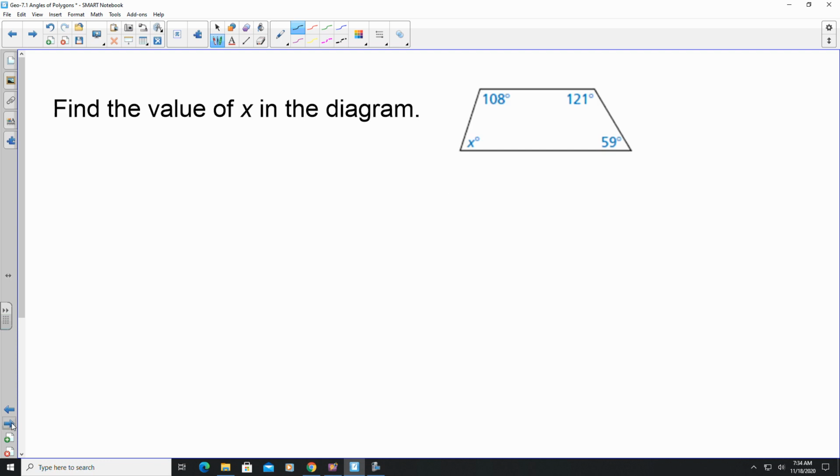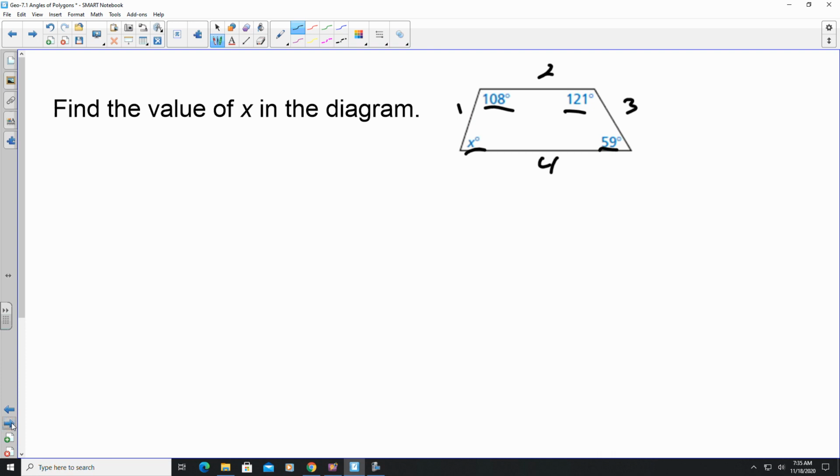Here they want us to find the value of x in the diagram. They give us 3 interior angles and we have 1 unknown. We have 1, 2, 3, 4 sides. It's a 4-sided figure, which means the sum of all 4 angles is going to be 360 degrees.